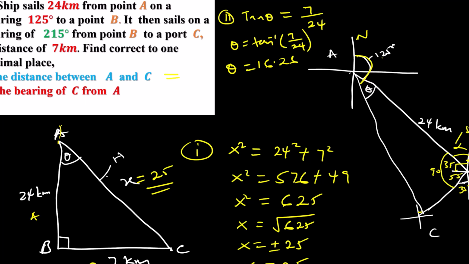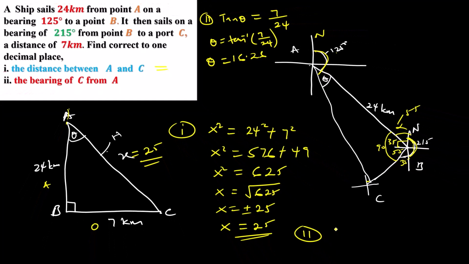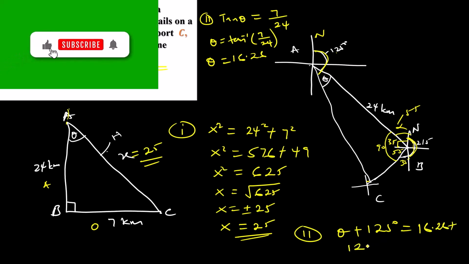Okay, therefore, the bearing of C from A is theta plus 125 degrees. Therefore, 16.26 plus 125.